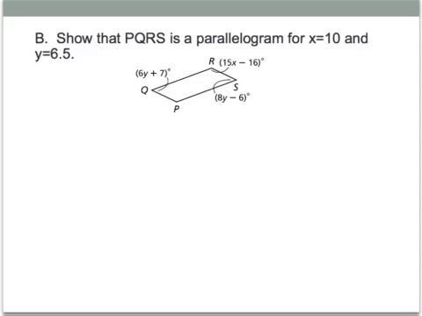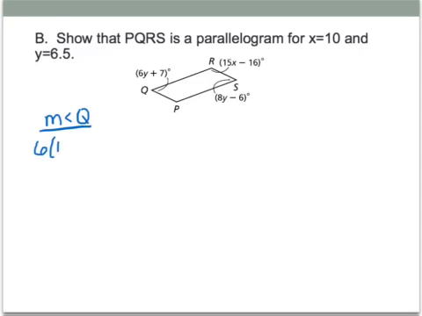And we notice that Q and S are opposite, so hopefully we find that they are congruent. And then R and S and R and Q are consecutive, so those pairs need to add up to 180. Alright, so let's check first of all that S and Q are congruent. And we're going to do that by plugging in 6.5 for Y. So we're going to find the measure of angle Q first.